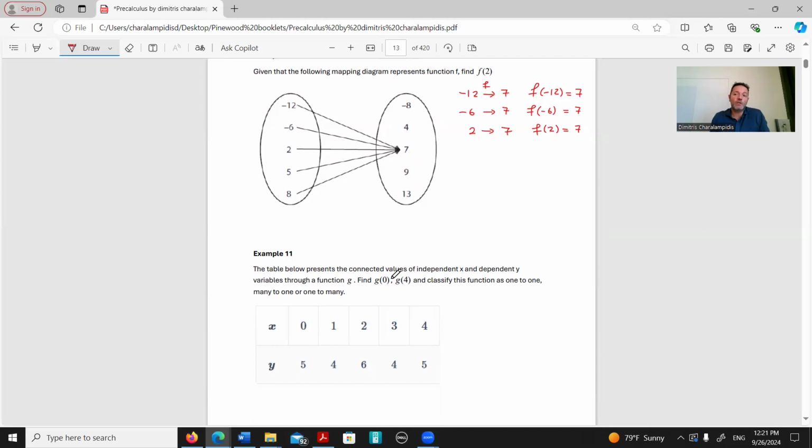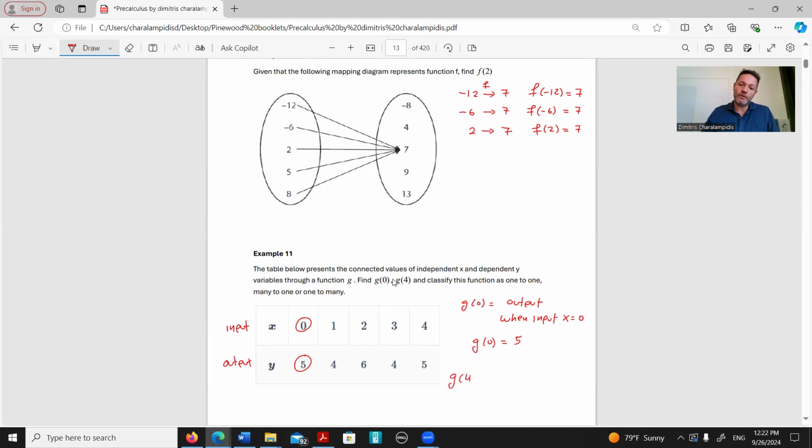That means we don't have the mapping diagram, but we were given the x and y values through a table. Let's see. g of 0 means what is the output when input x is 0. We can see that when x is 0, the output is 5. So g of 0 is 5.